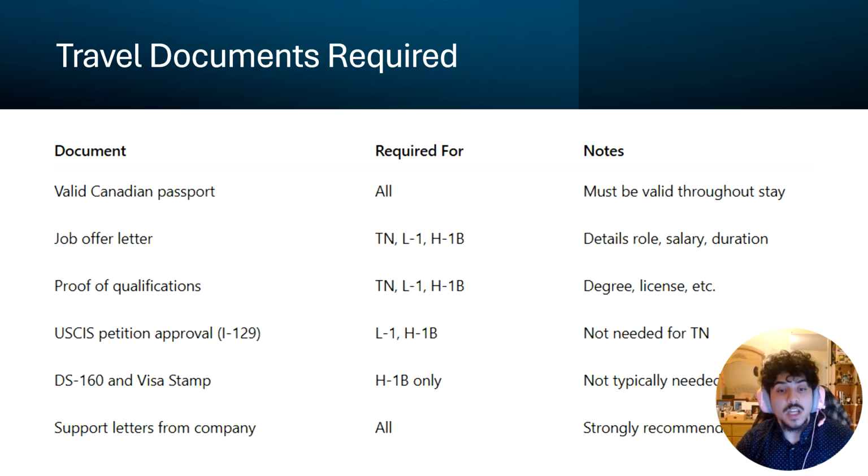Proof of qualifications is also required, along with USCIS petition approval for L1 and H1B1 visas, DS-160 and visa stamps, and support letters from companies. This could typically be past prior experience.